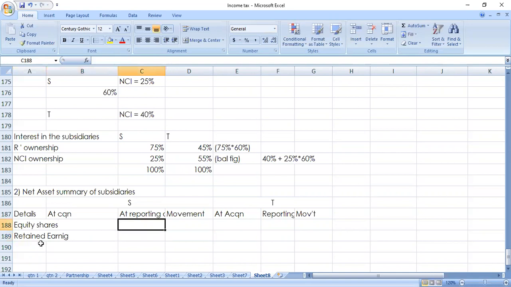Okay, so the way they are is the way you bring them in from the trial balance at the reporting date. So I'll bring for both to avoid coming back again.